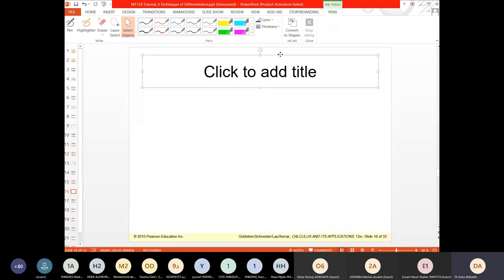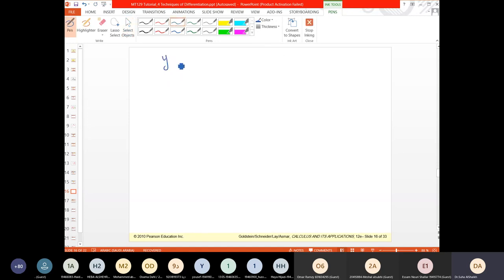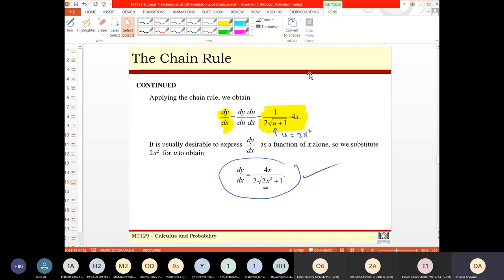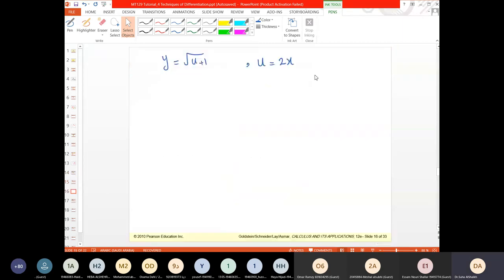I'm gonna do it again. I can sense enough are facing a problem with this. This is the root of u plus 1. Well, u is a 2x squared, correct? ماشي؟ السؤال is find me dy by dx.